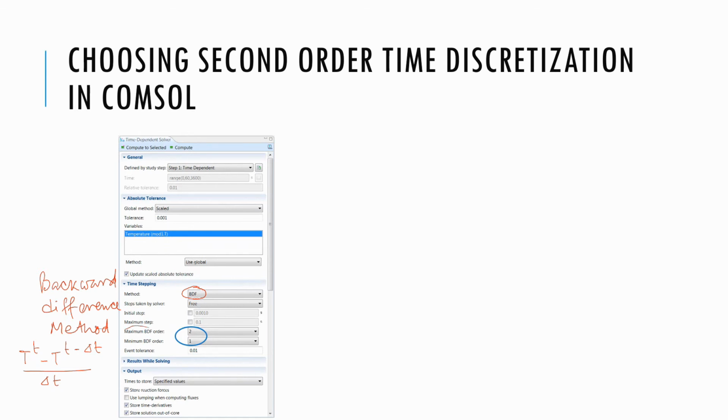So you can choose the maximum and minimum BDF order. This just shows in practice, when you see a command like this, what it's doing. It's either choosing this one or it's choosing the other formula that we just derived.